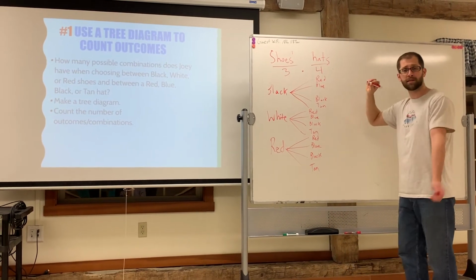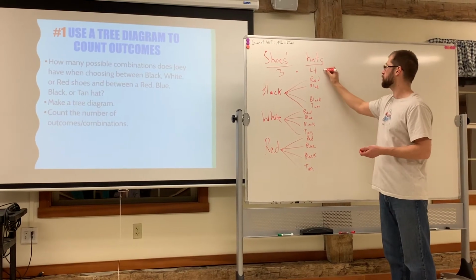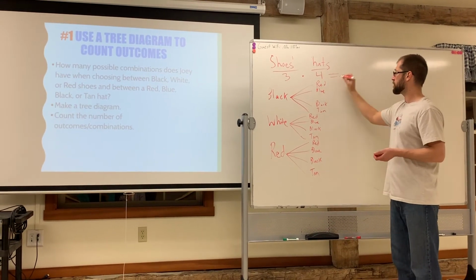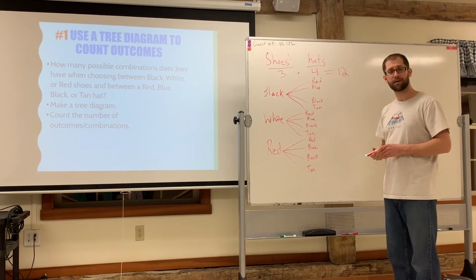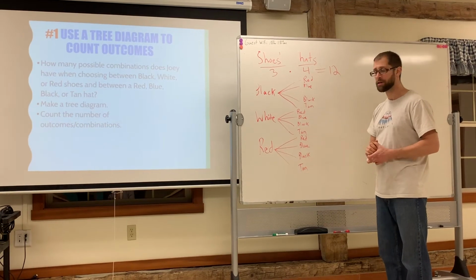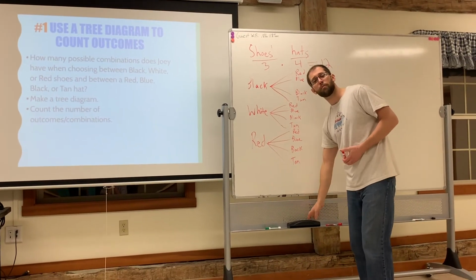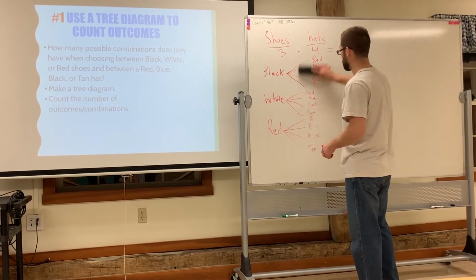You guys might have seen this pattern when we did the first one with just the coin flips, or the last one too. 3 times 4 is 12. That's how many I count. So it's good to know how the tree diagram works, but all we have to do is multiply the number of outcomes by each other.